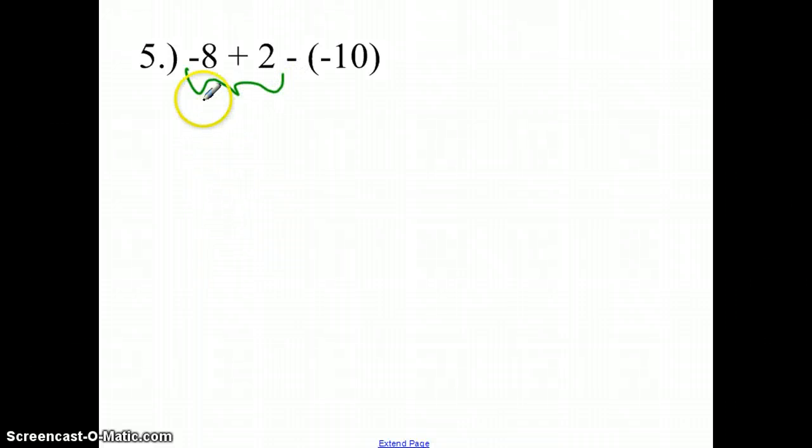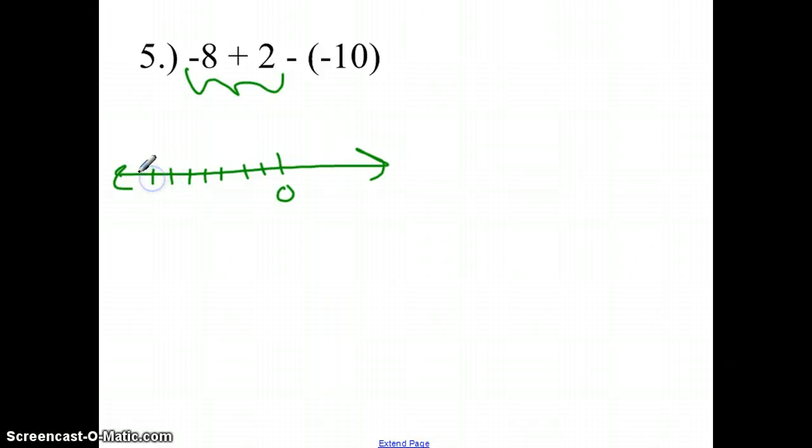So here we've got 8 negatives and 2 positives. So if you want to look at it on the number line, we got 0, 1, 2, 3, 4, 5, 6, 7, 8. So here's negative 8.